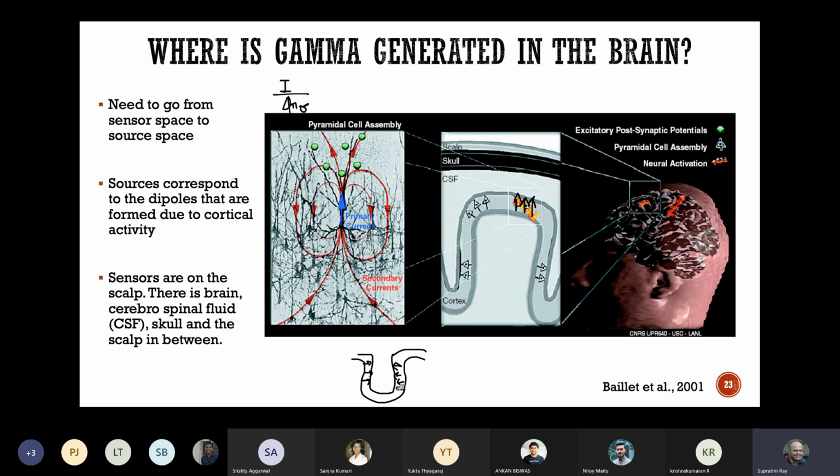So together, they tend to cancel out. So the sulci actually won't produce much measurable signal. But if you look at a gyrus, where the electric field lines are all aligned and there's nothing canceling them, they will produce a bigger signal on the scalp.